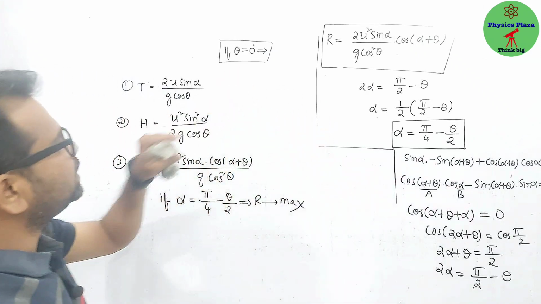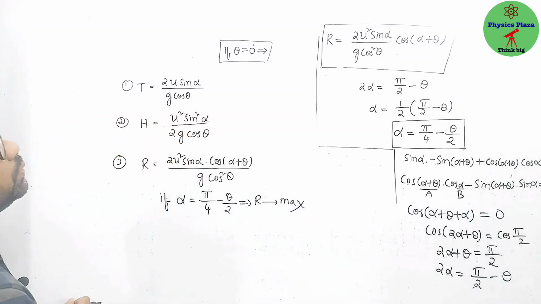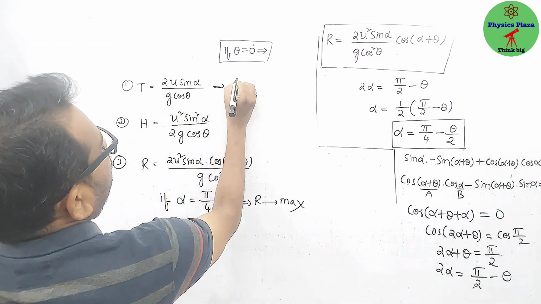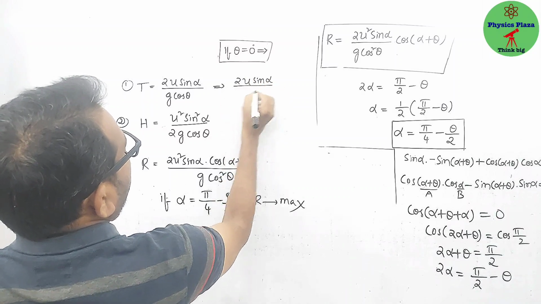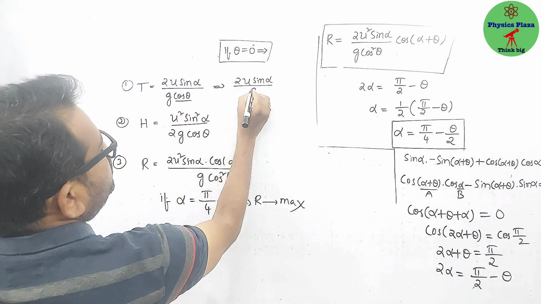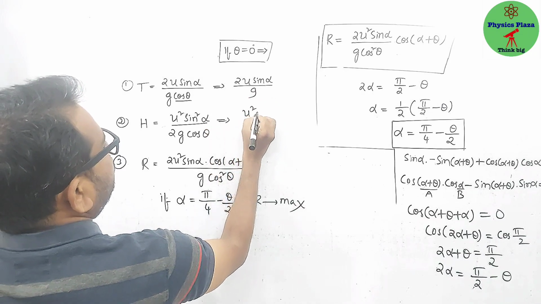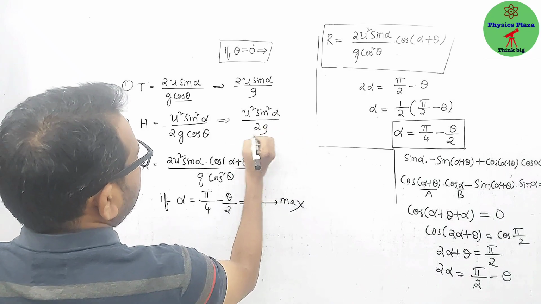So if the angle theta is equal to 0, then what happens? The time of flight will become 2u sin alpha by, cos 0 is 1 only, g. Now the maximum height is going to be u square sin square alpha by 2g.